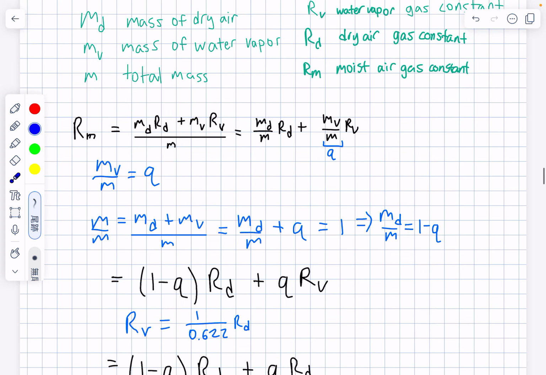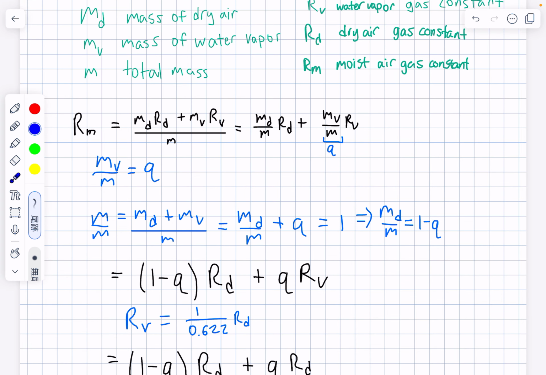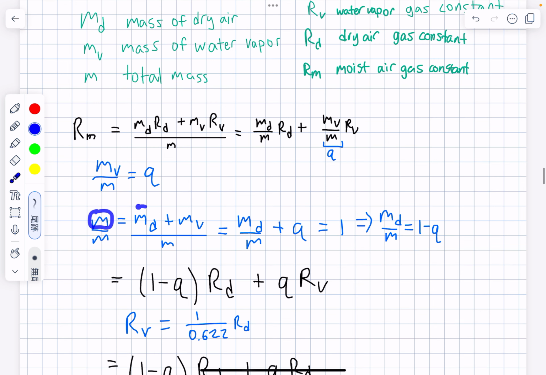So to get this, we use a little trick. We know that m is equal to md plus mv. So we take m over m, which is of course equal to 1, and we apply m is equal to md plus mv to the numerator, then divide out the terms, we'll get md over m plus mv over m, which is just equal to q, is equal to 1.